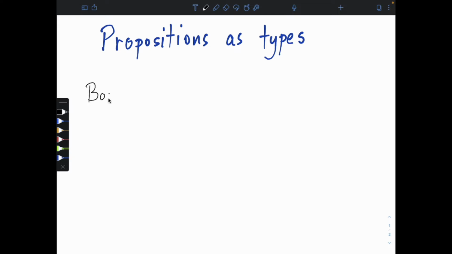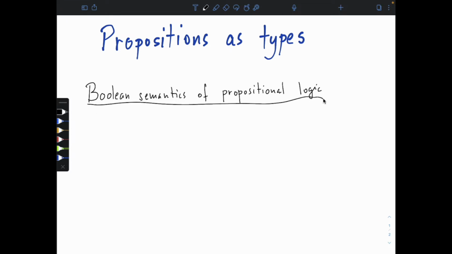of the propositional logic. And there, the propositional part means that we had atomic formulas, and then we have the connectives.